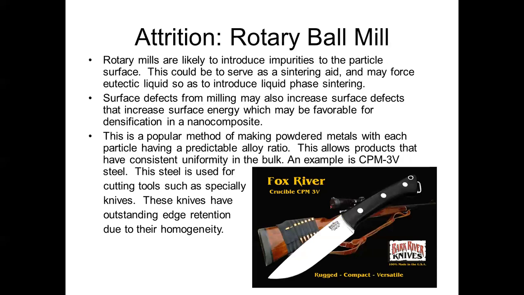So this is a popular method of making powdered metals, with each particle having a predicted alloy ratio. When we break down these powders, each particle is going to have a finite amount or balance of alloy constituent. But when they're very small, if we reassemble them randomly, that's going to give us a homogeneous alloy.